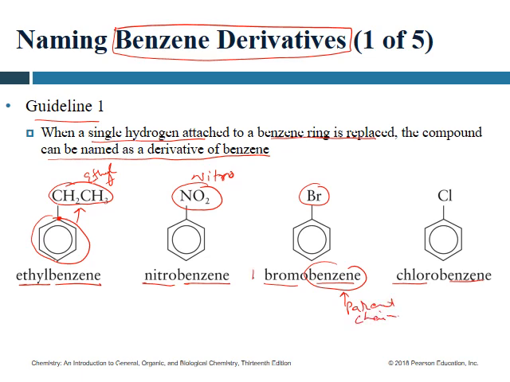And we are not writing 1 in the front because the carbon that contains the group we treat as carbon number 1. So remember this thing. This is carbon number 1, and then 2, 3, 4, 5, 6.